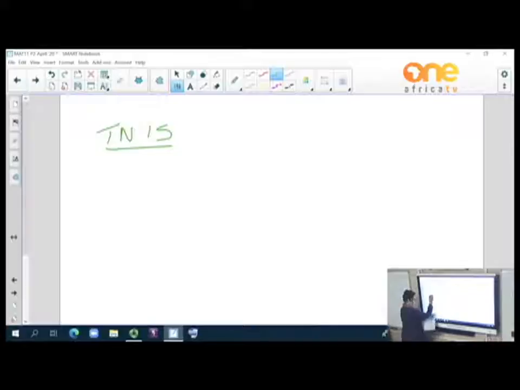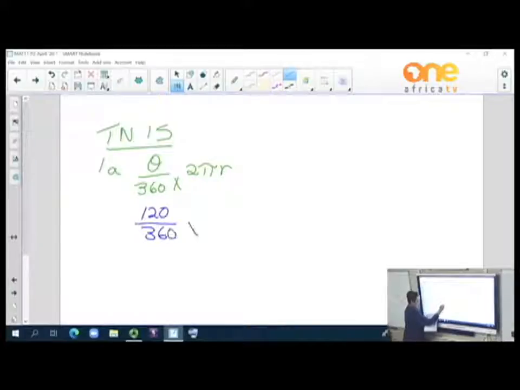So it will still be the formula of theta over 360 of 2 pi r. So if I substitute now here, the angle is 120 degrees over 360 of 2 pi r. R is what I need to find, and what I have is the arc length, which is 25.